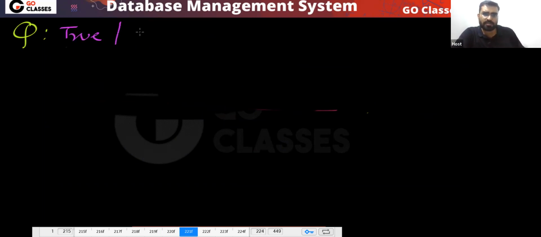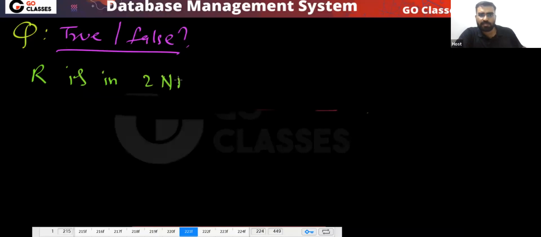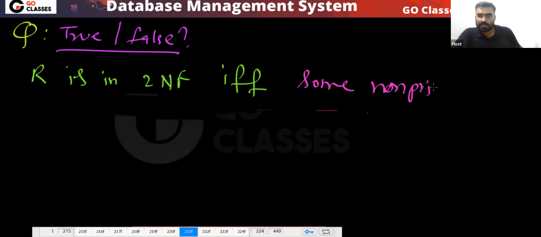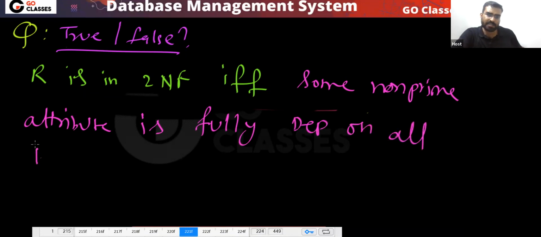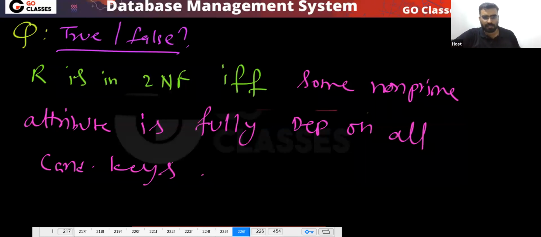The first statement: R is in 2NF if and only if some non-prime attribute is fully dependent on all candidate keys. Is this true or false?